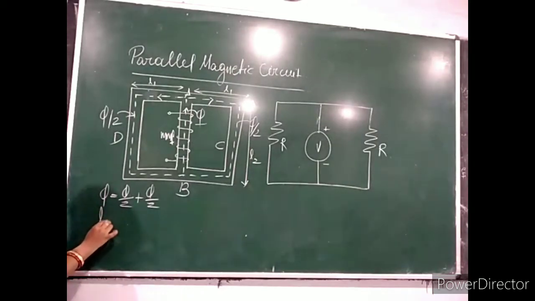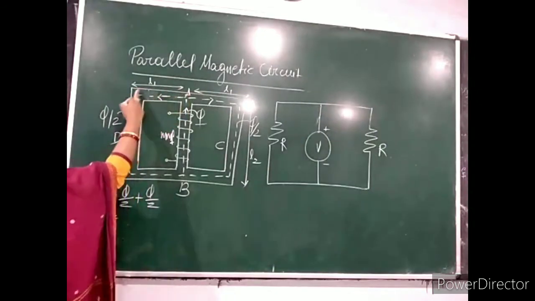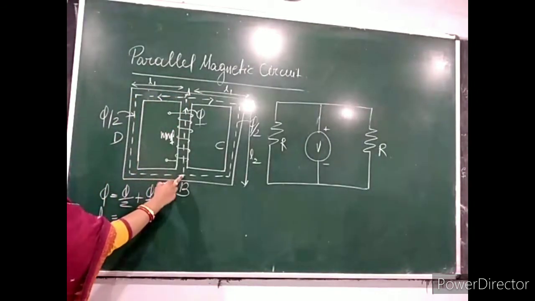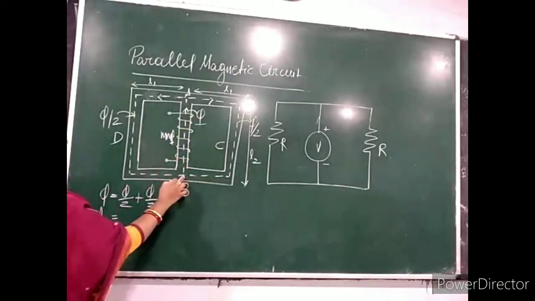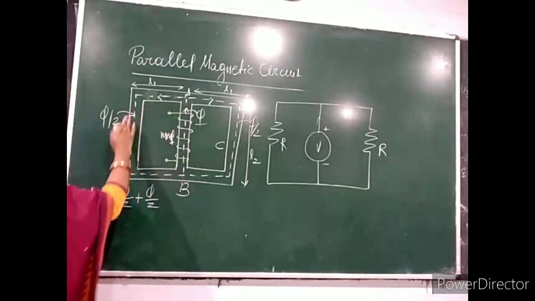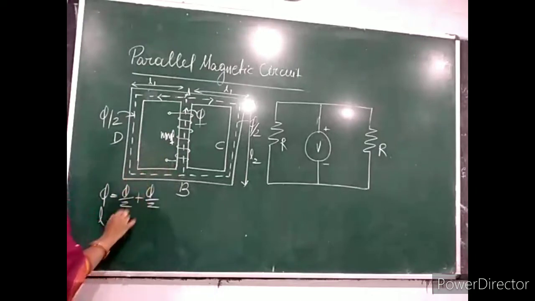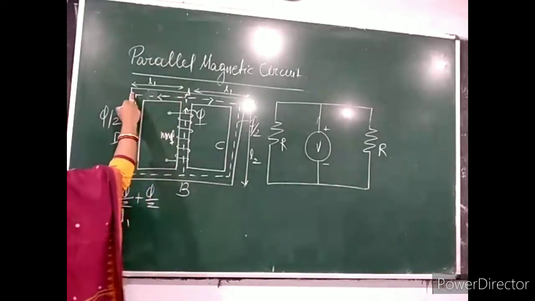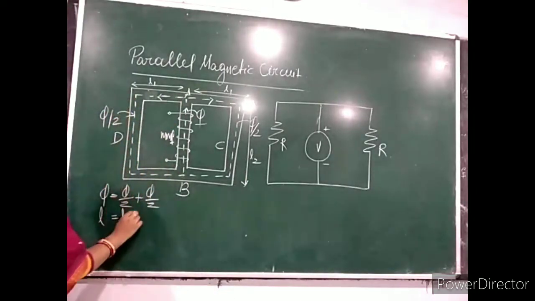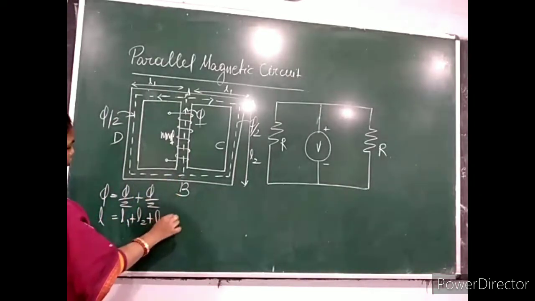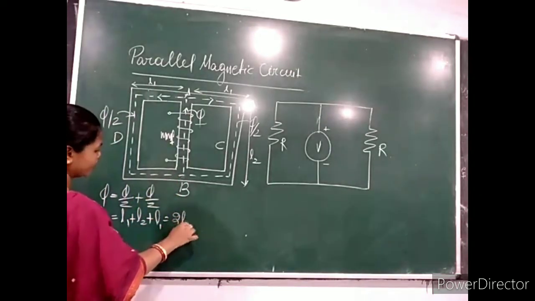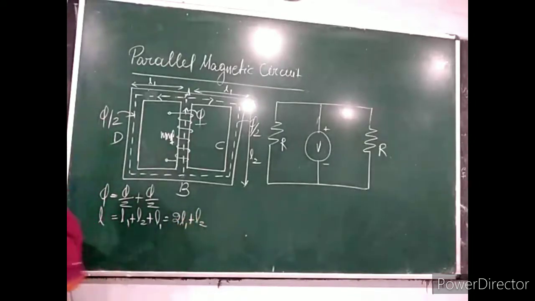For this path, first I find, which is similar to this ACB path. Okay, in this path the total length is L1 plus L2 plus L1. So the total length is 2L1 plus L2.